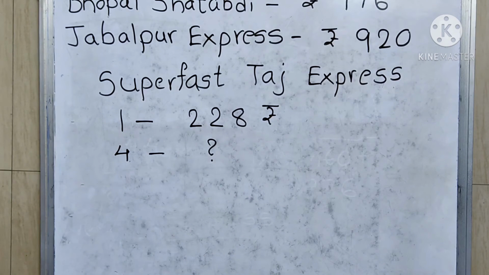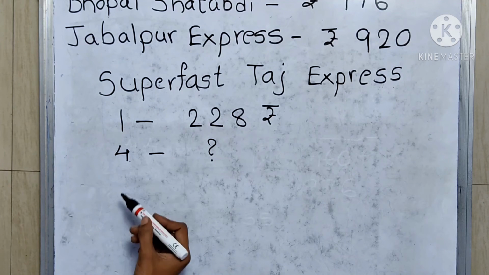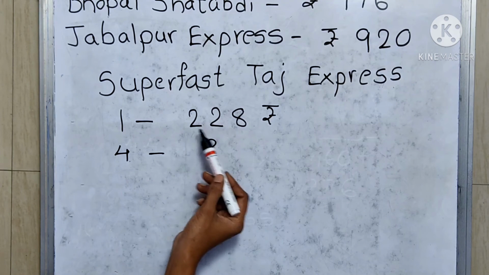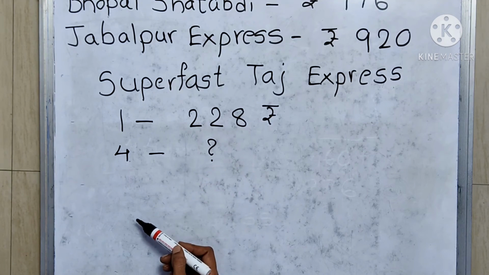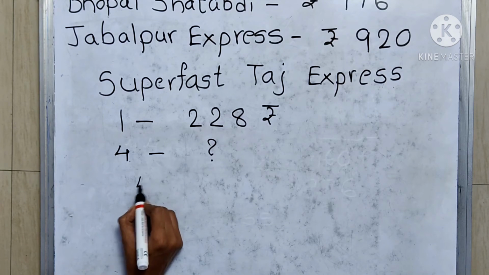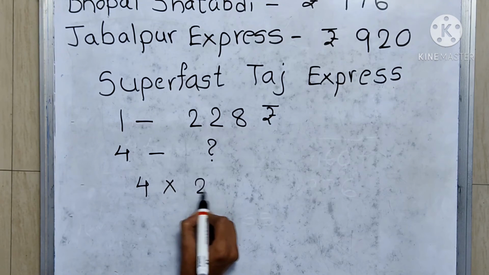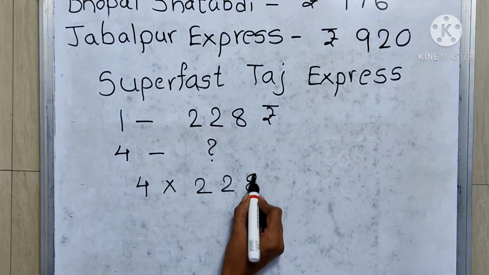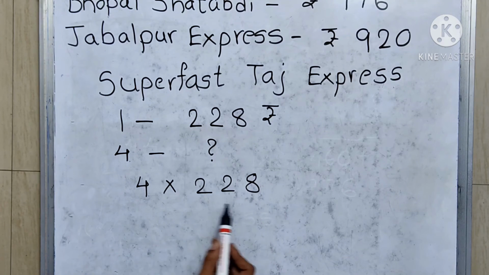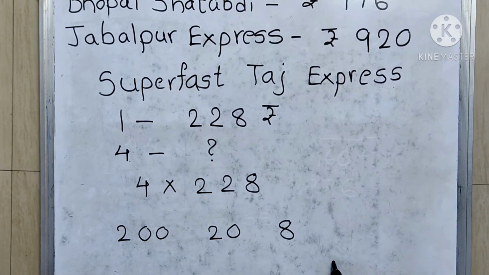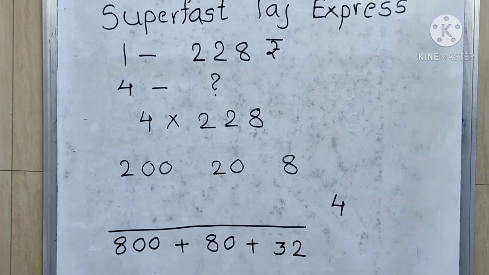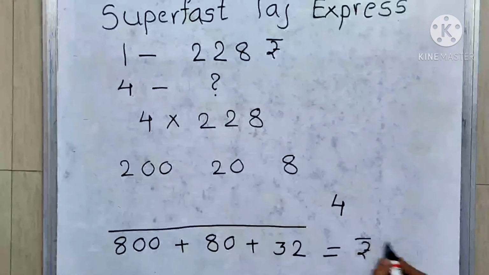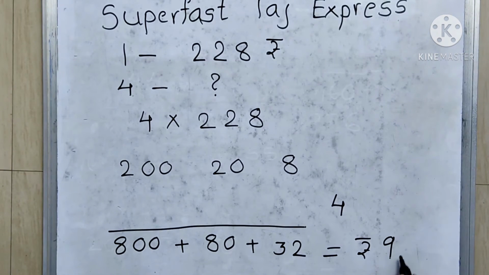You can use the repeated addition method, add this 228 4 times, or you can use here box multiplication method, 4 multiply by 228. Break down this 228 into hundreds, tens and ones, multiply this by 4. So the answer is rupees 912.